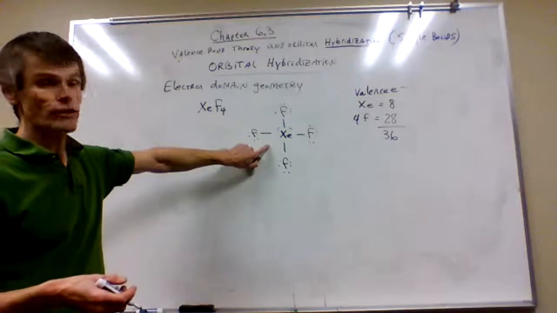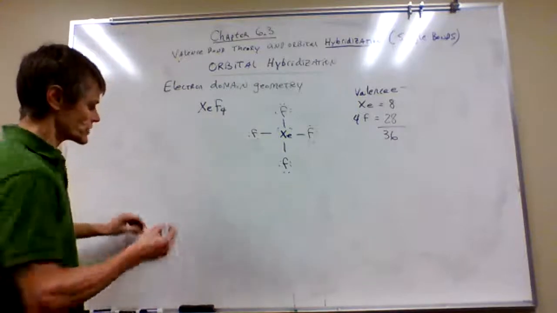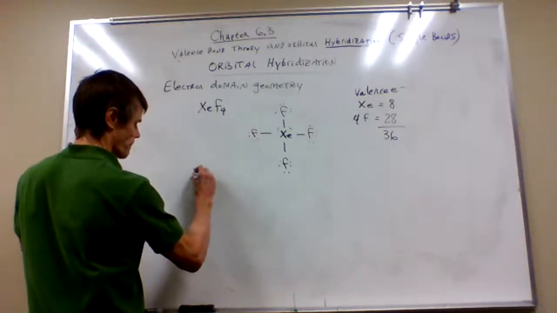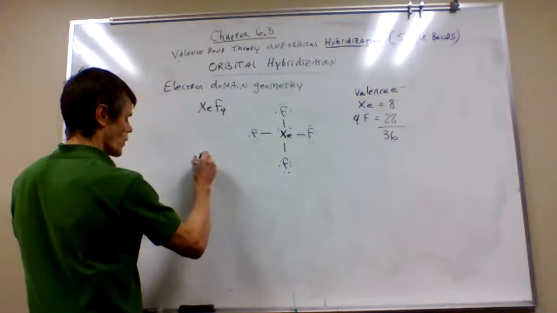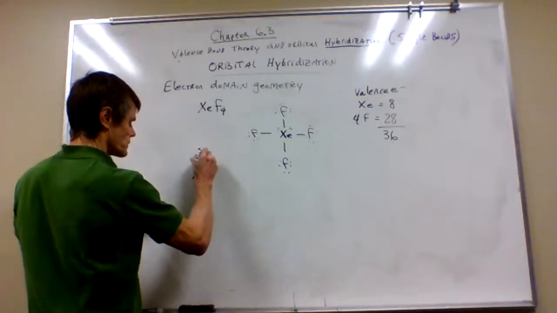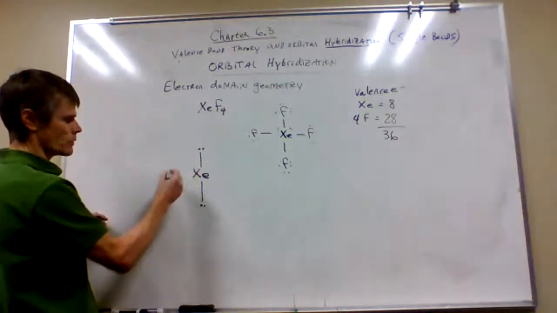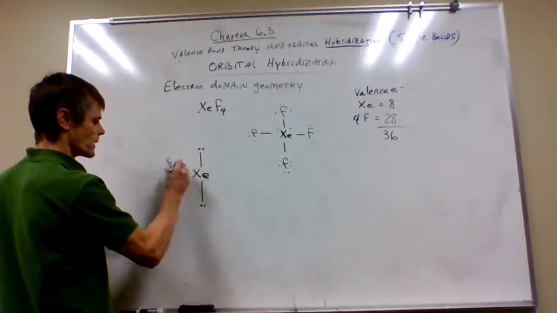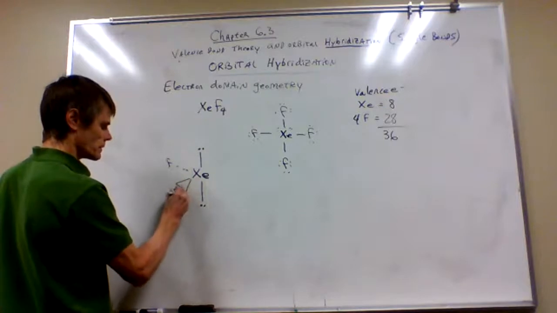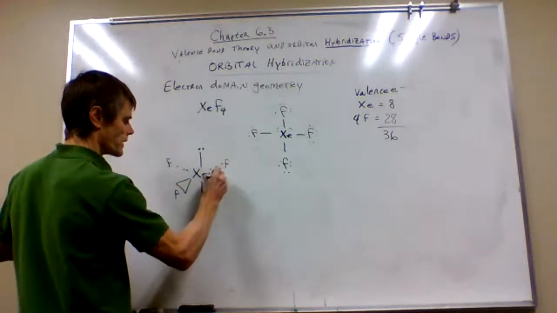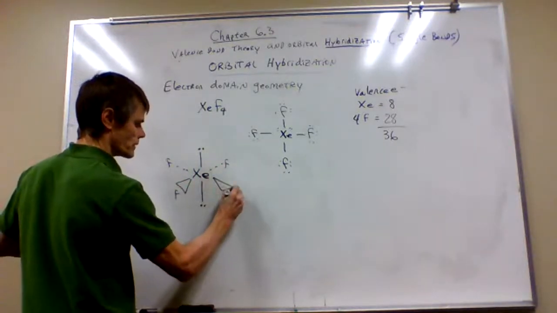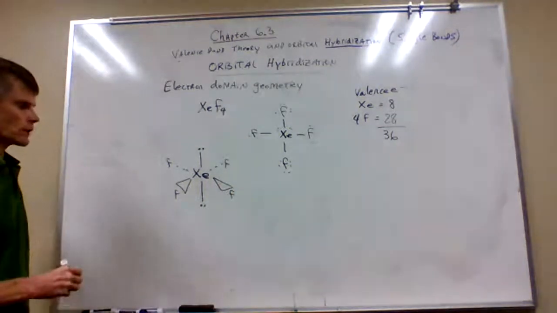When we have 6 regions around our central xenon atom, we're going to put 2 electrons on the axis above and below, and we're going to fit our fluorine in a square planar arrangement around our central xenon.